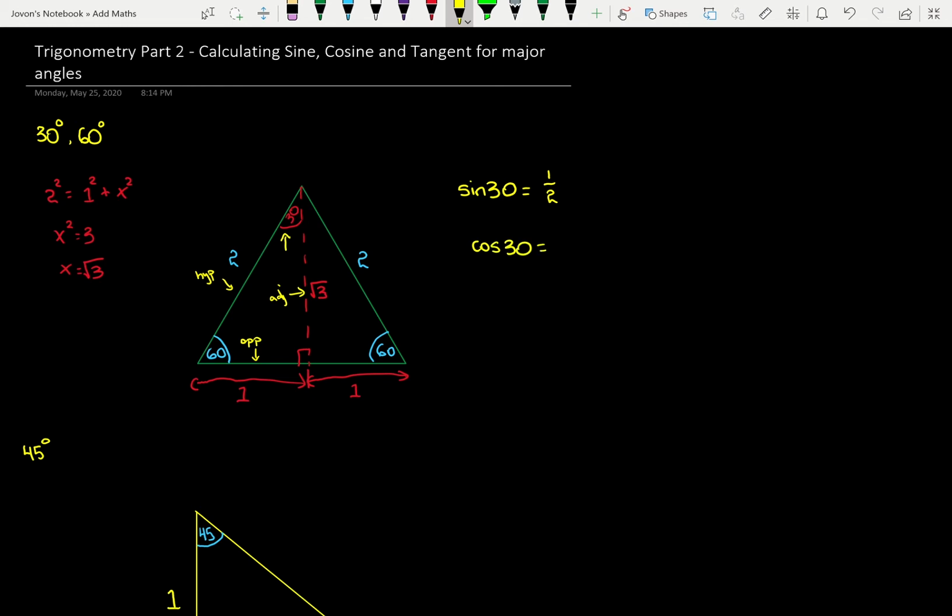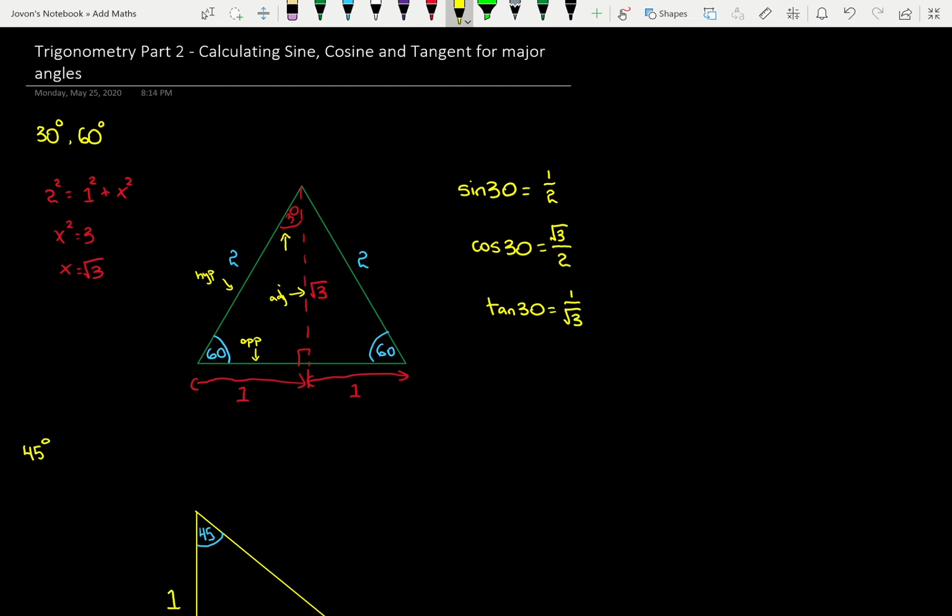Cosine 30 would be equal to the adjacent over the hypotenuse, which would be equal to root 3 over 2. Tan 30 is equal to the opposite over the adjacent, which would therefore be equal to 1 over root 3.